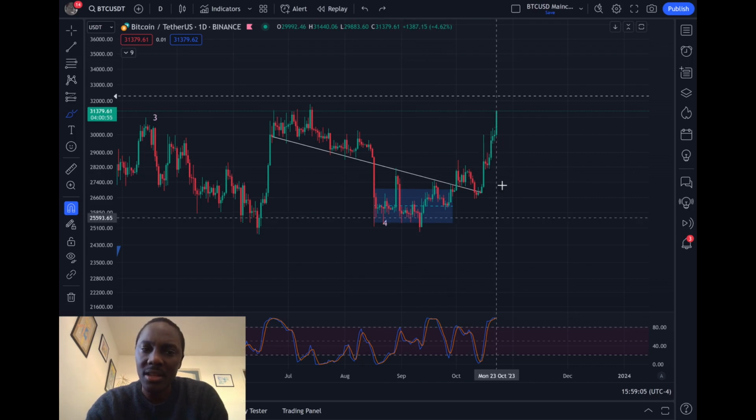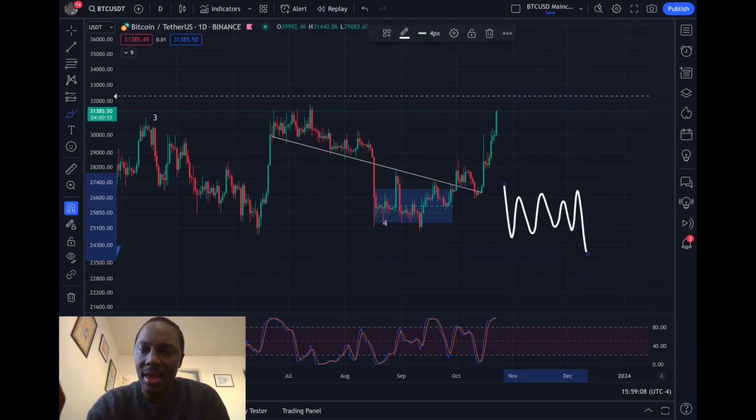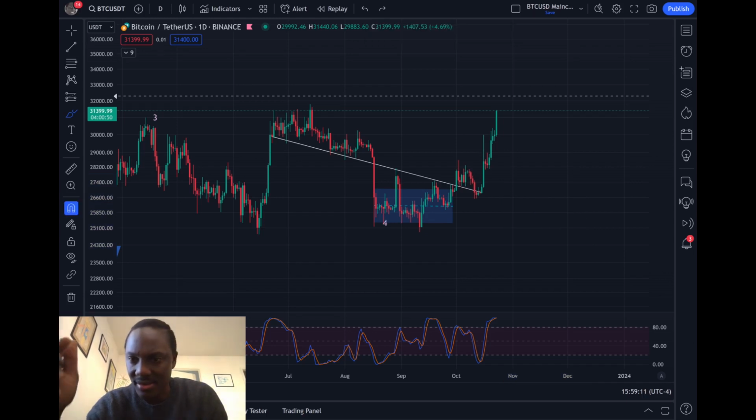A consolidation sometimes happens like this, just straight sideways consolidation.